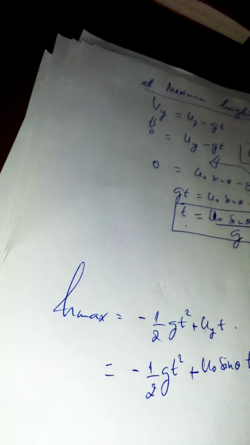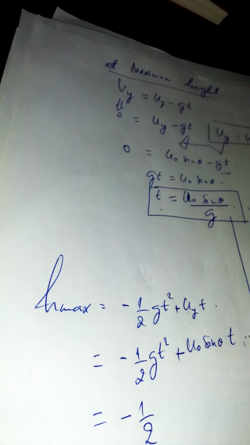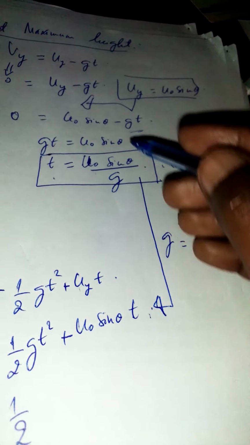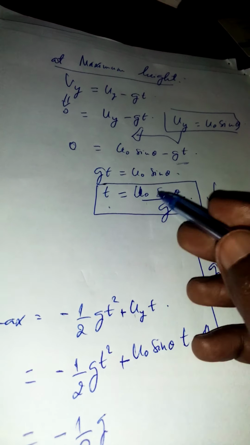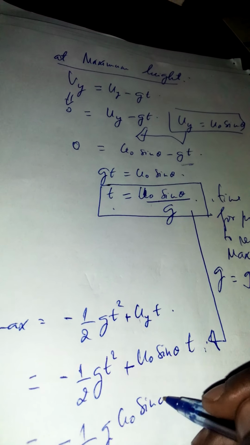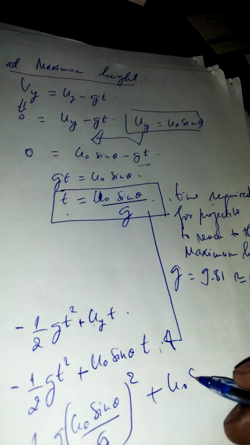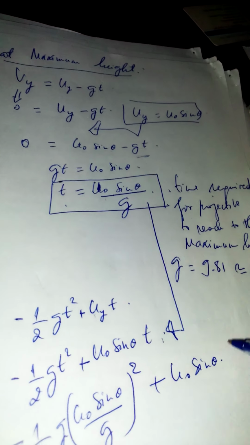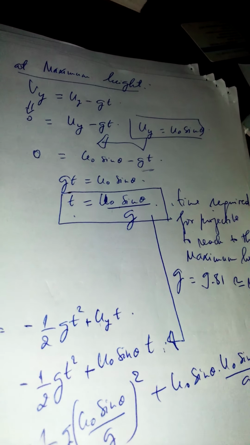And t is equal to u0 sine theta over g, so it becomes minus 1 over 2 g times u0 sine theta over g, squared, plus u0 sine theta times u0 sine theta over g.